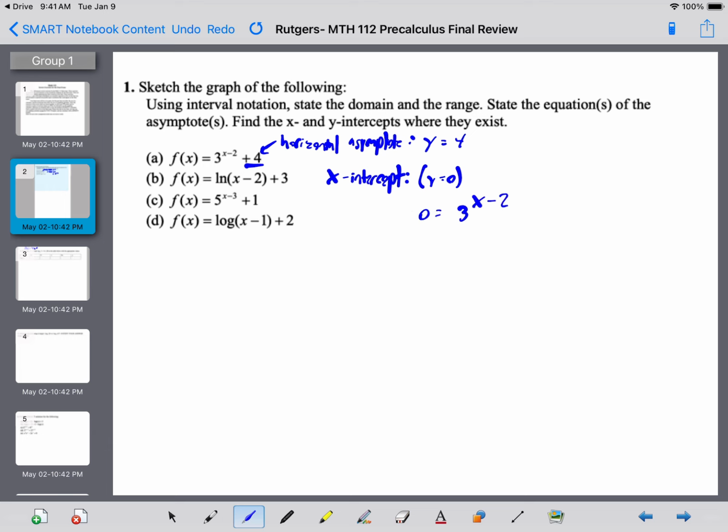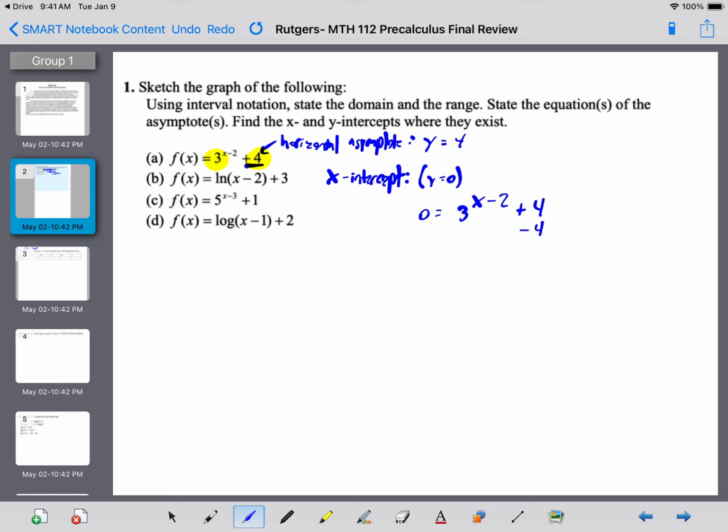Now, before we start solving, we actually know that this should not exist because this is an exponentially growing function because the base is greater than 1, and it approaches 4 as x approaches negative infinity, but it's going to approach infinity because it will be strictly increasing. So let's see if that's what we get.